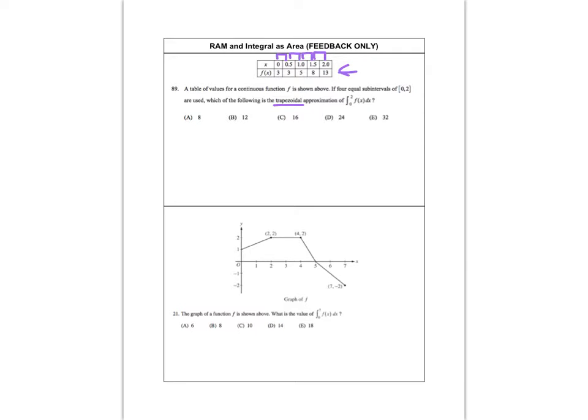Each width appears to be 0.5, so in terms of trapezoidal area, all of these are going to look kind of similar. You've also got to show me this step. You have to show me these intervals and what's going on here.